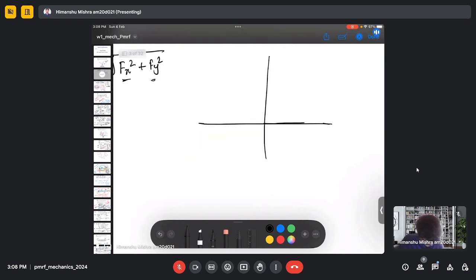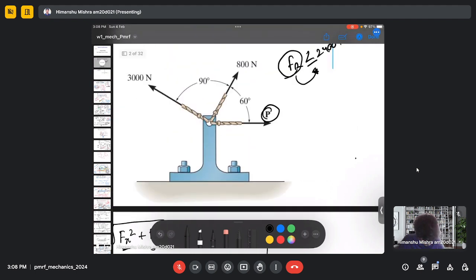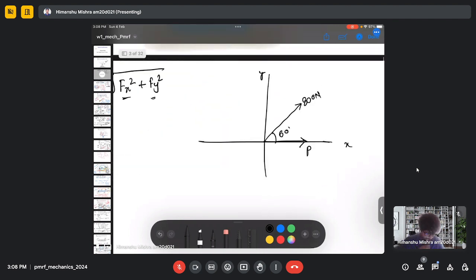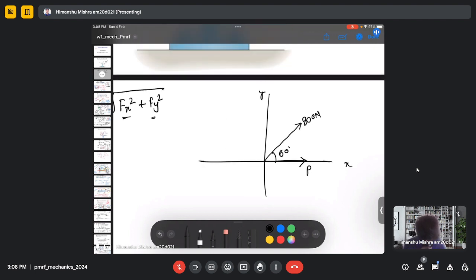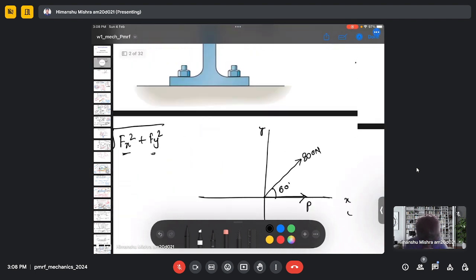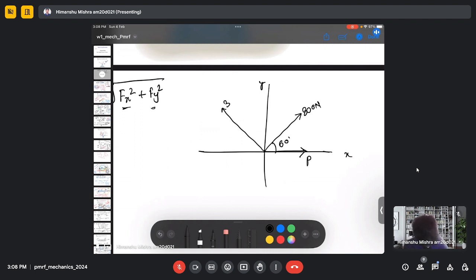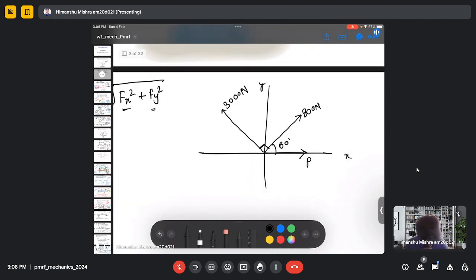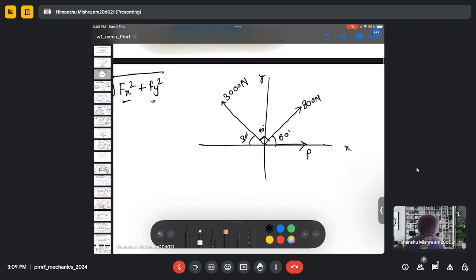Let's say this is my P, this is X, this is Y, this is my 800 Newton force, which is at an angle of 60 degrees, and this is my 3000 Newton force, which is at 90 degrees from the 800 Newton force, which means this angle is 30 and this is 90. Now we need to find the components of the forces.